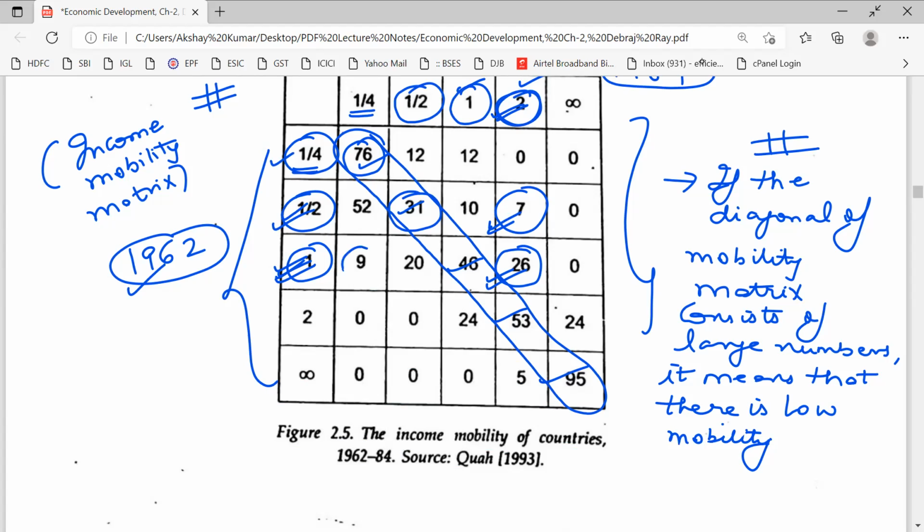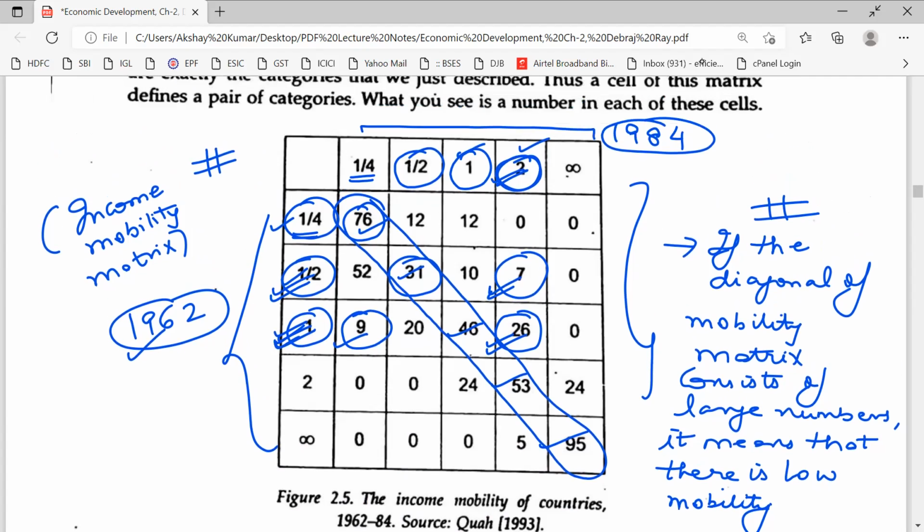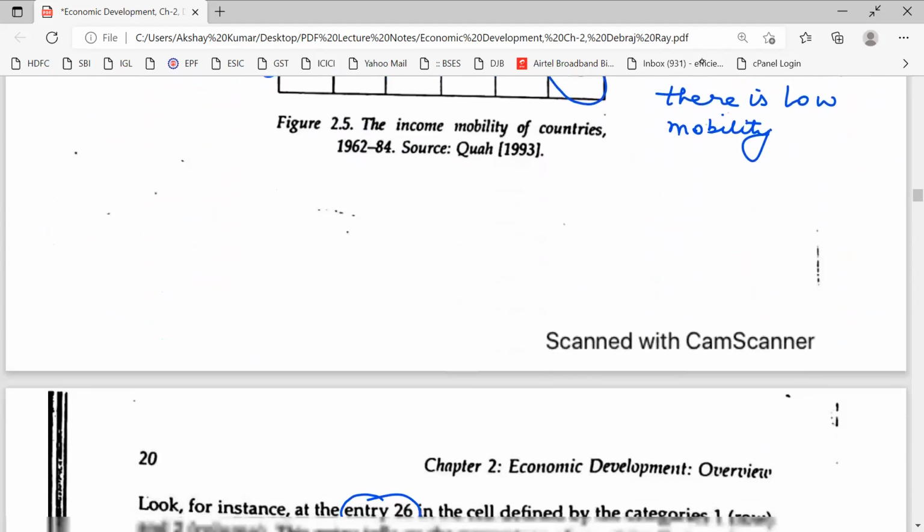Similarly, if I interpret 9, it means 9% of the countries whose per capita income was between half the world average and the world average now have per capita incomes less than 1/4 of the world average. Okay, so hoping all students have understood this.